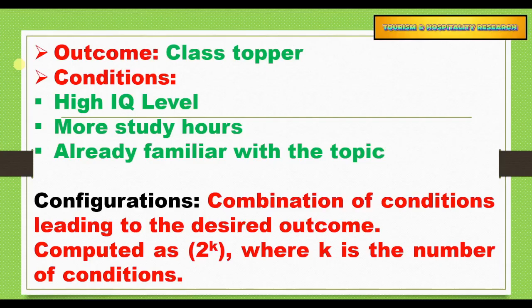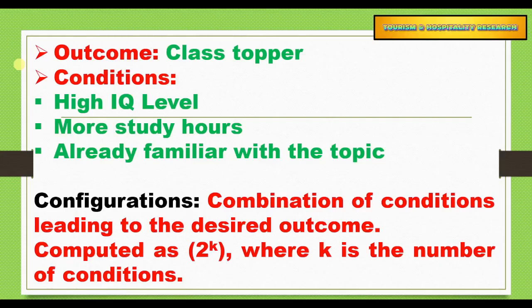Or maybe the student is already familiar with the topic taught in the class. So all these three different conditions lead to the same outcome, which is being a class topper. They can occur in different combinations to lead to the outcome of being a class topper.